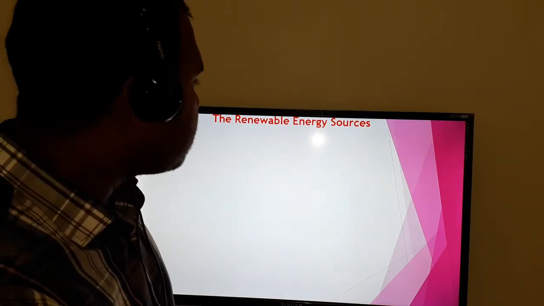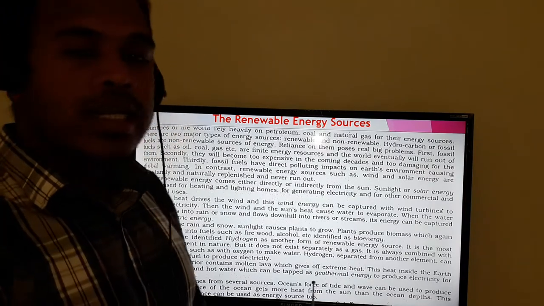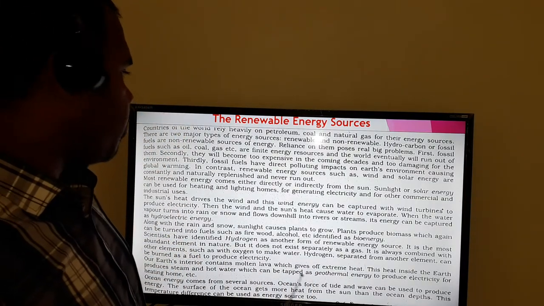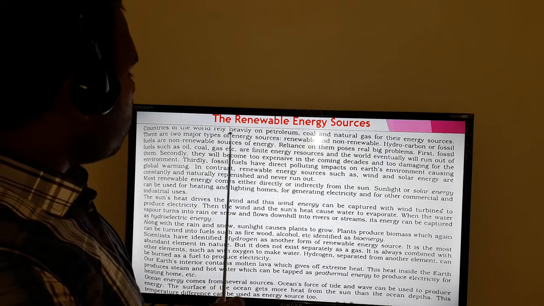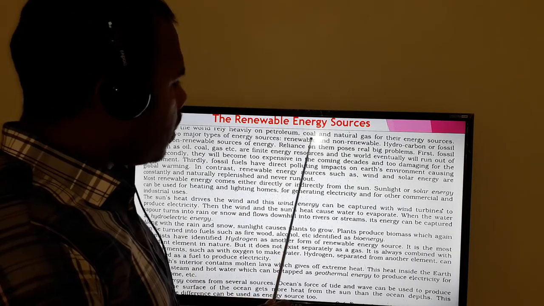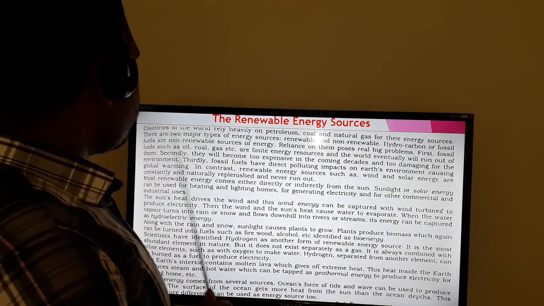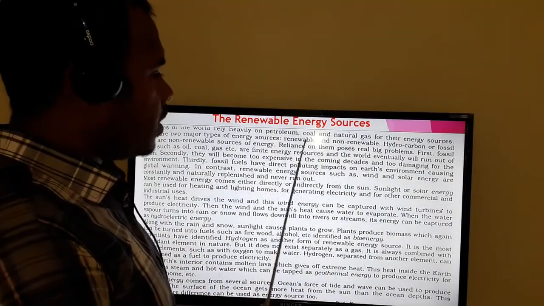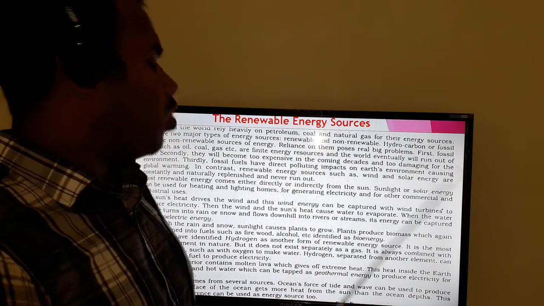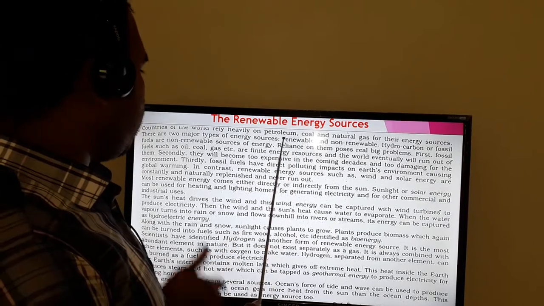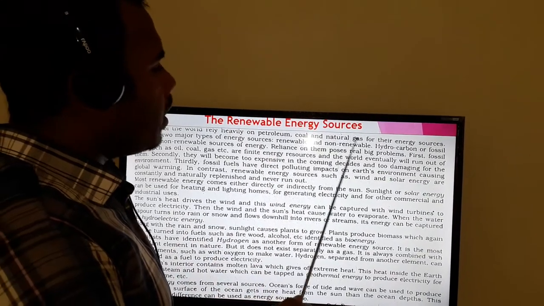Now here is the main text, and I will read it out for you, and you can read it from your textbooks also. Countries of the world rely heavily on petroleum, coal and natural gas for energy sources. There are two major types of energy sources, renewable and non-renewable. So most of the countries have to depend on petroleum, coal and natural gas.